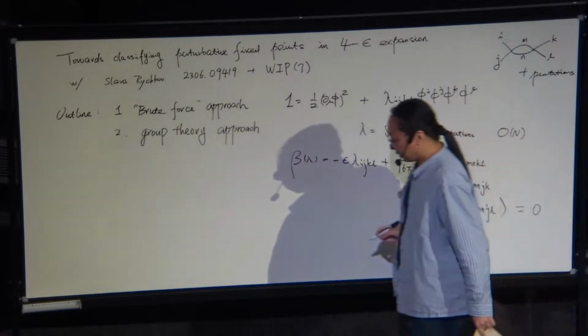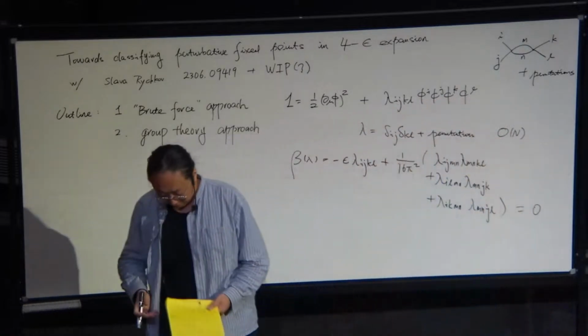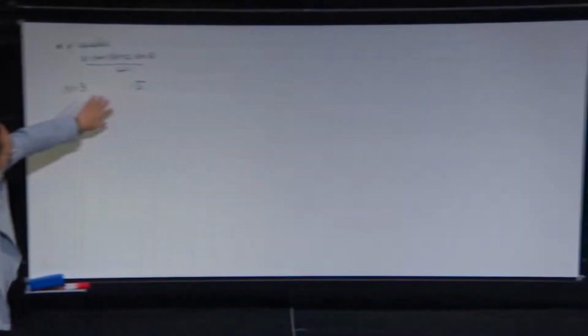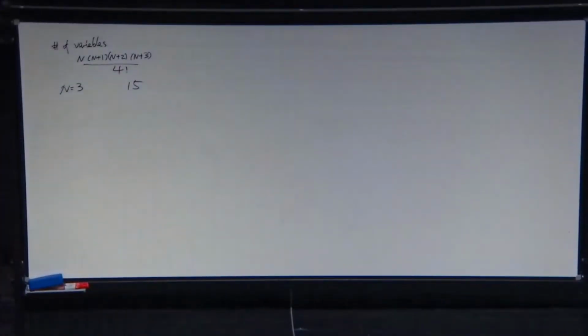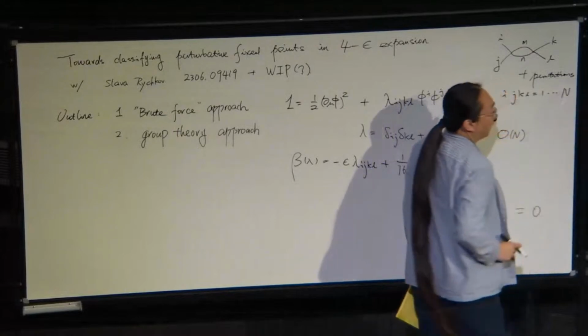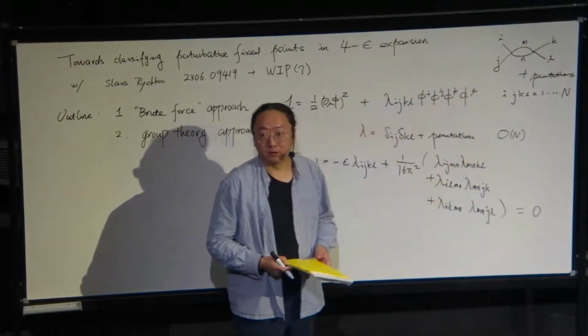So it's a polynomial equation, quadratic, very low degree, but still, there are a lot of variables. To classify the solution space of these equations is a very non-trivial business, in fact. I'm sorry, I didn't mention that the indices i, j, k run from 1 to n, and n for me is counting the number of scalars, basically.